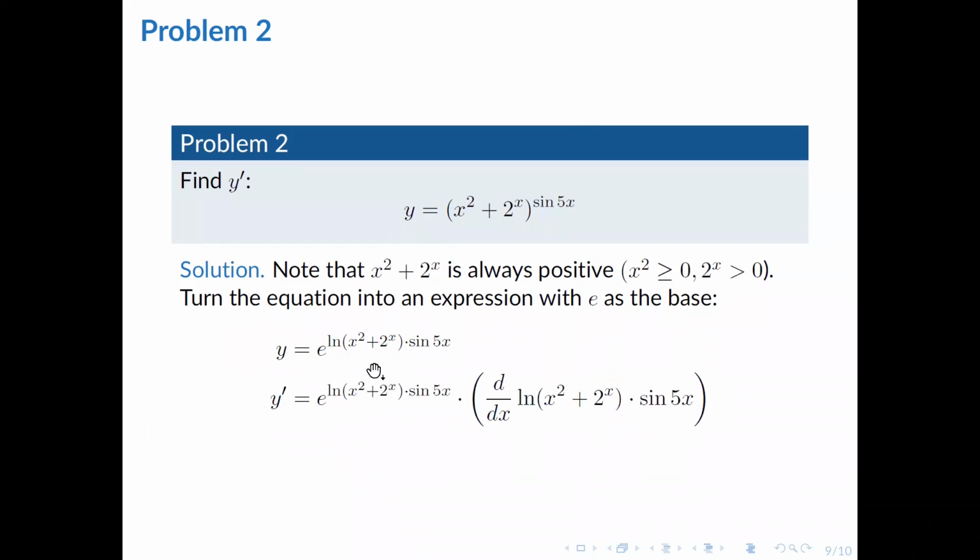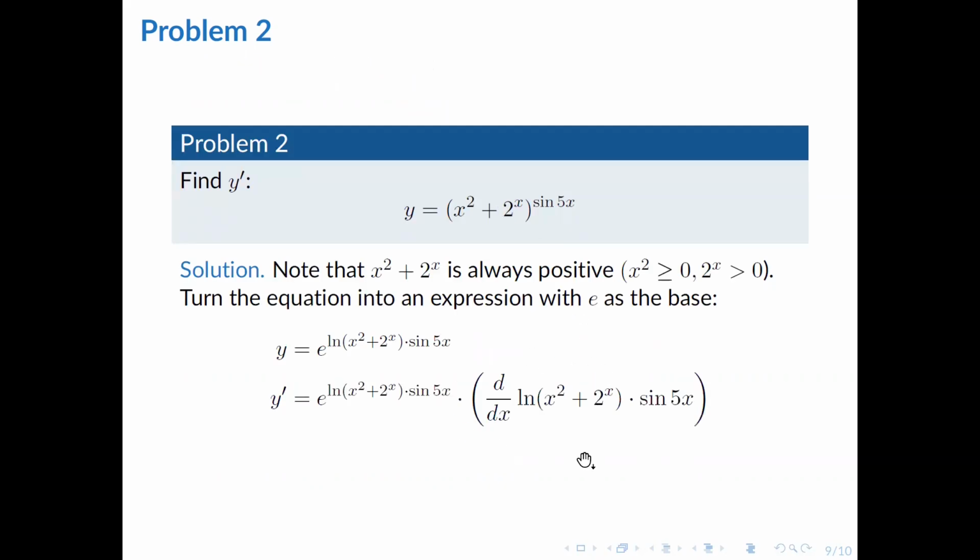Finally, we differentiate this quantity. Here we use the chain rule. We differentiate the outer function. The derivative of e to the x is always e to the x, so it stays the same. Then we differentiate the inner function. Next, we need the power rule to differentiate this.